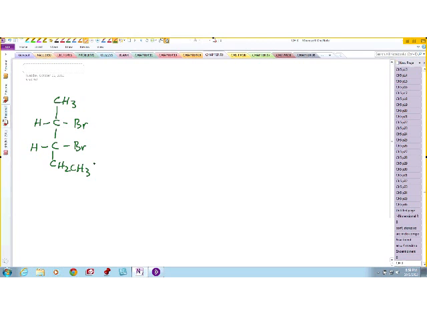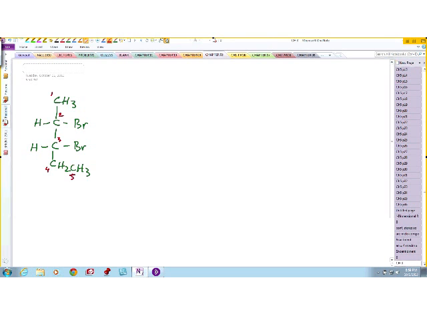How many chirality centers do we have in this molecule? How many chirality carbons do we have in this molecule? Okay, let me number this. This is carbon 1, 2, 3, 4, and 5.